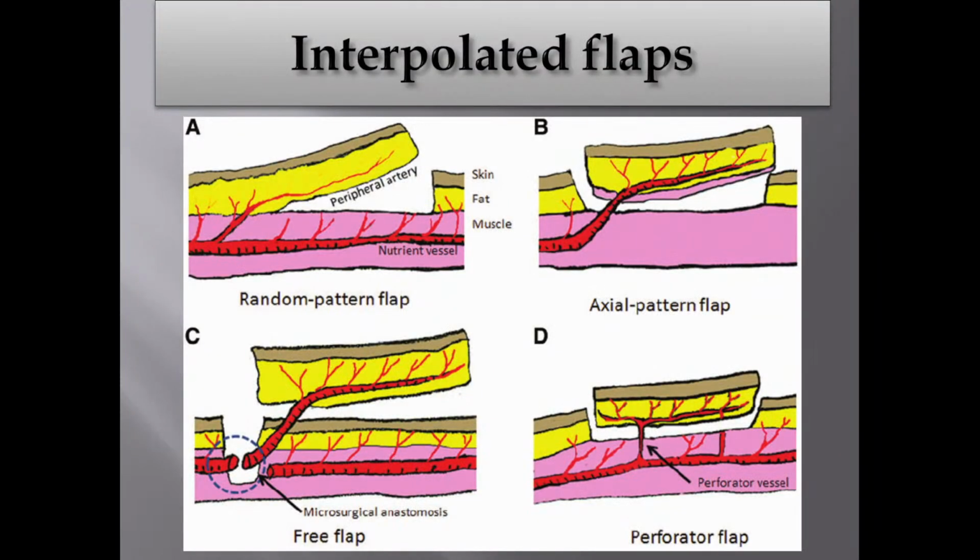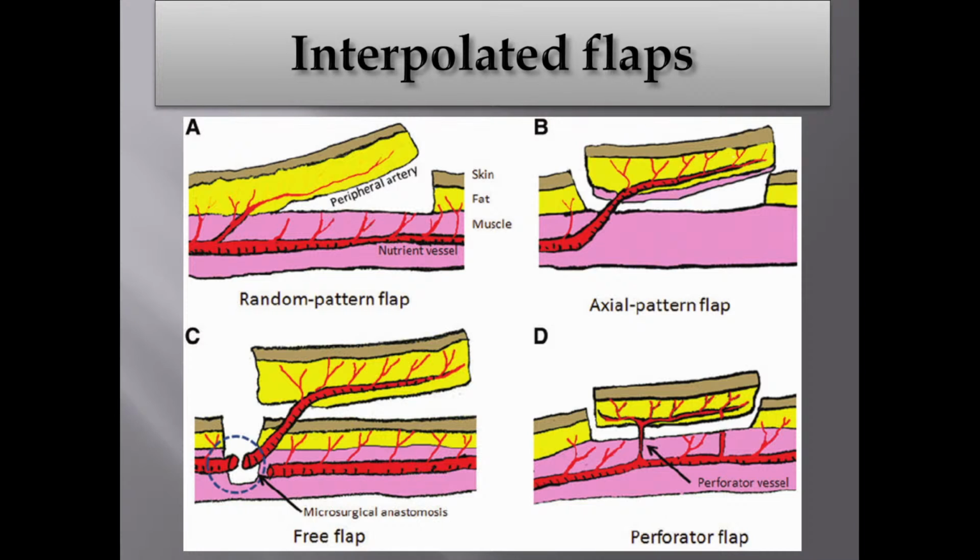And here you can see different flaps with different blood supply. It can be a random pattern flap, and we can see peripheral artery or capillaries, and you can see the depth of this flap where we can take it.